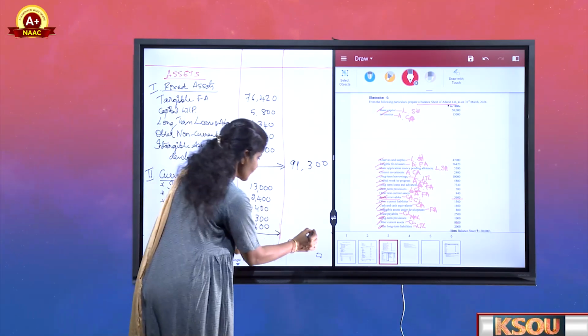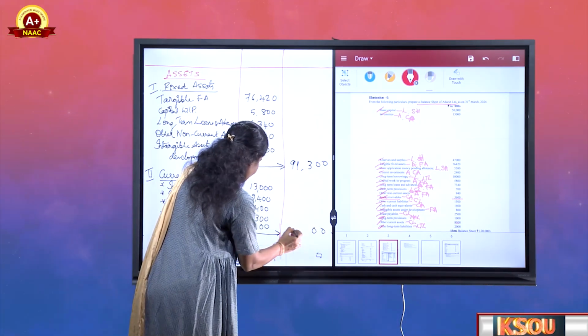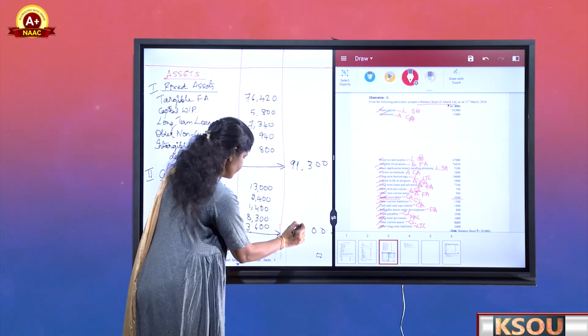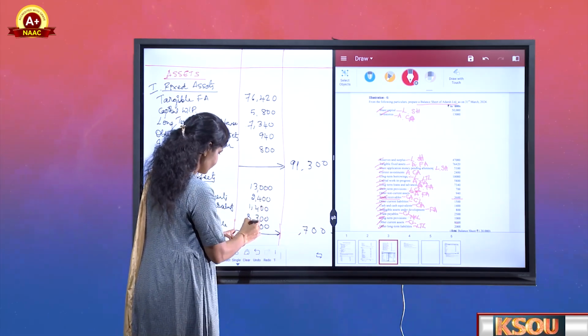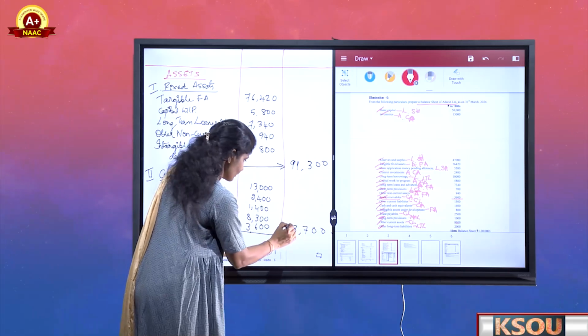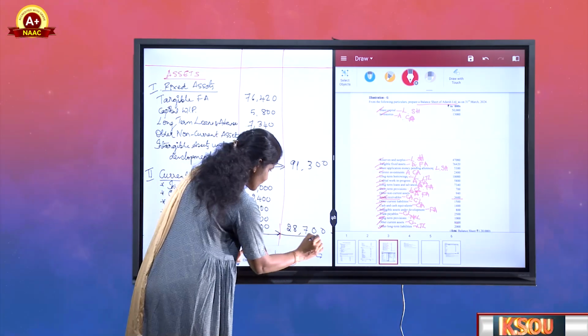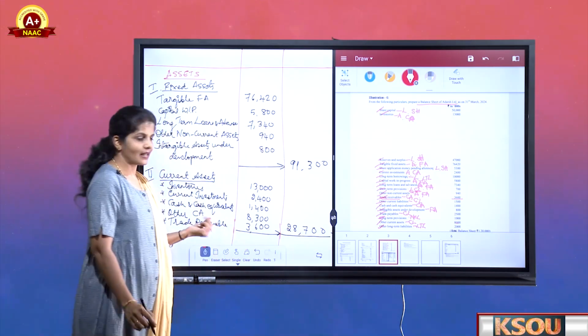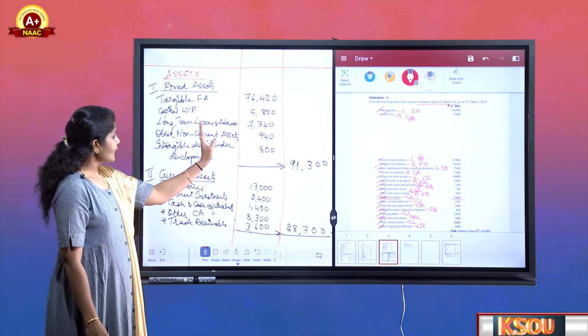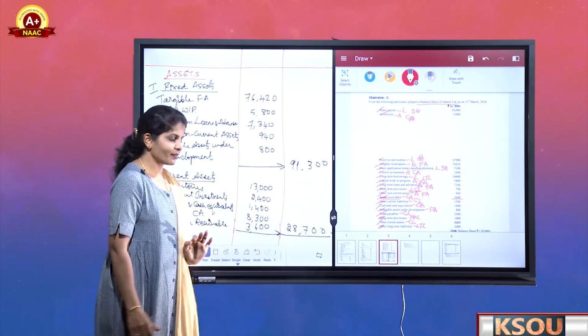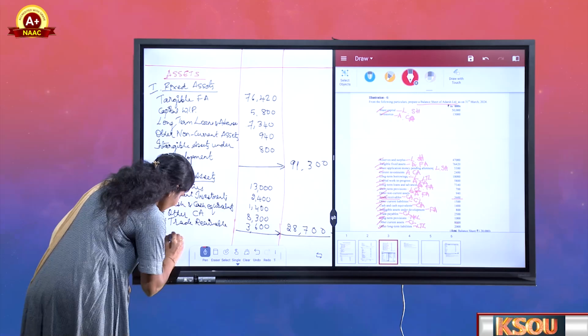Okay, let us take the total. So, 28,700 is current assets. 91,300 is fixed assets. Then what is the total assets?